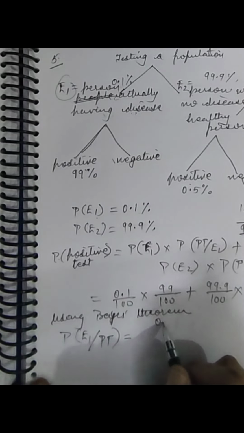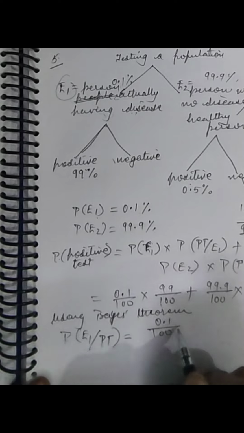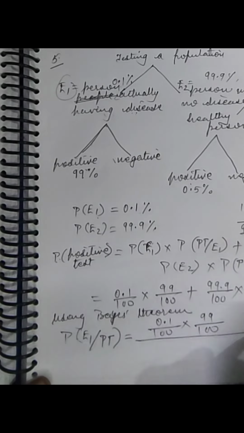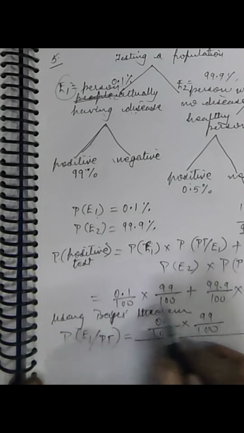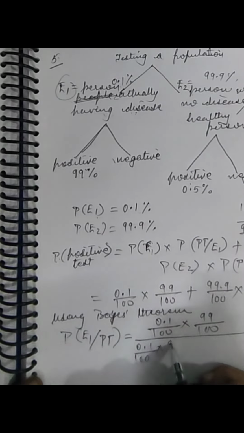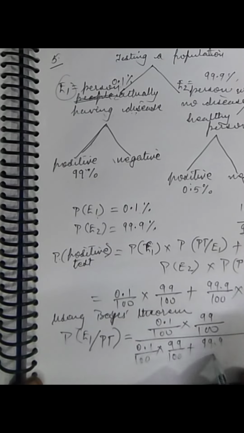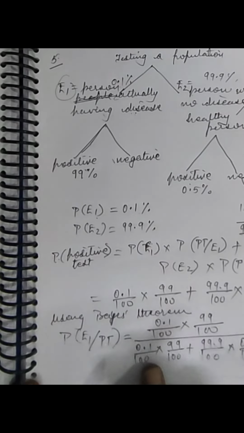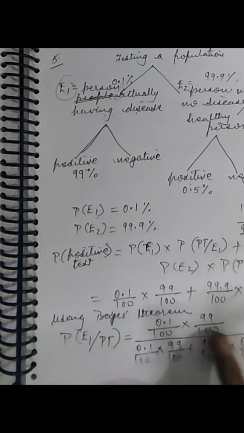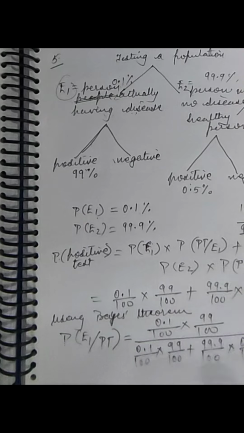So the first term we put here into 99 upon 100, upon this sum, which will be written in the denominator. So this way if you do, all equations will look similar. Interpretation becomes very easy. This 100 in the denominator we find everywhere, so it will be common from numerator and denominator and will be cancelled out.